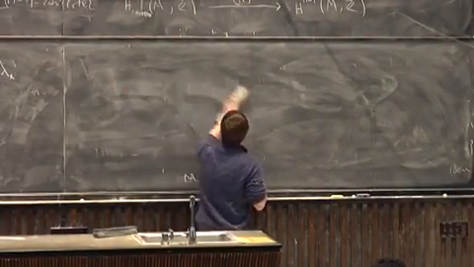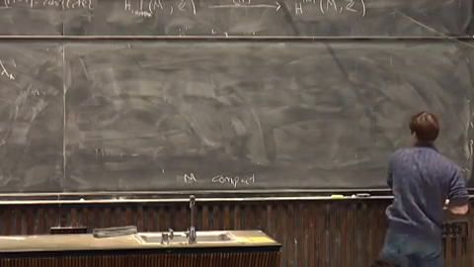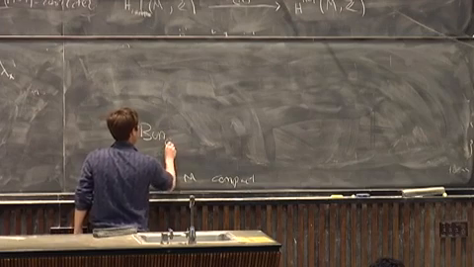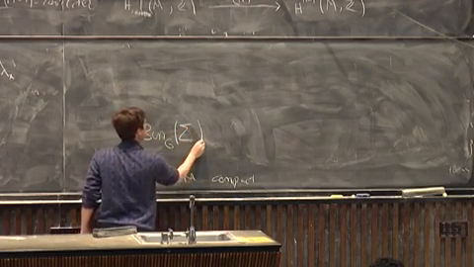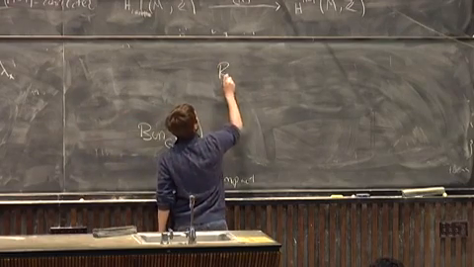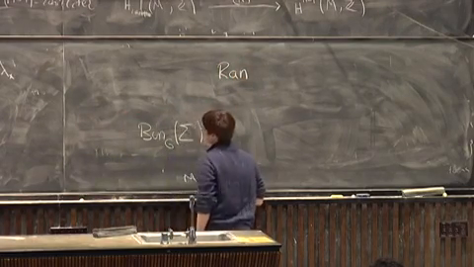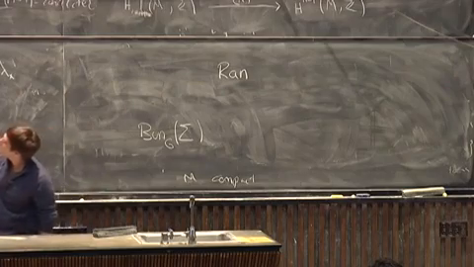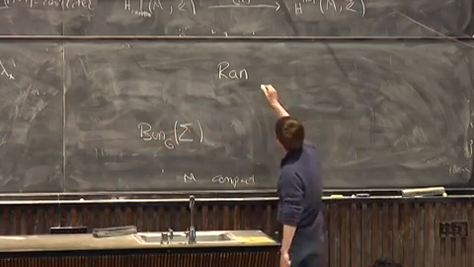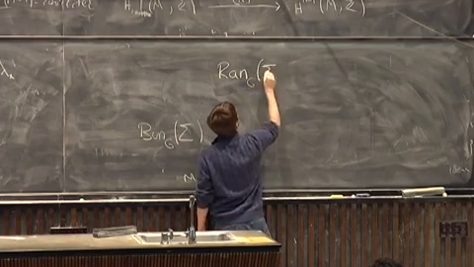Let's look at the space we want to understand, which is this moduli space for G-bundles on Sigma. And I'm going to make another space which in some sense instantiates this idea. I'm going to call this Ran_G(Sigma).